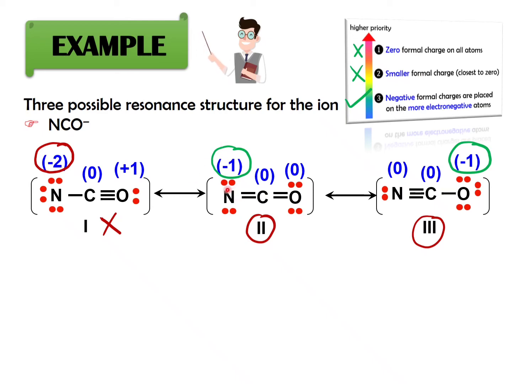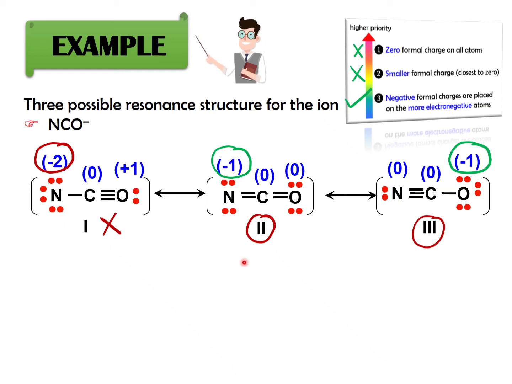So between nitrogen and oxygen, which one is more electronegative atom? If you still remember, nitrogen and oxygen berada dalam period 2. Okay? But nitrogen in group 15, oxygen in group 16.